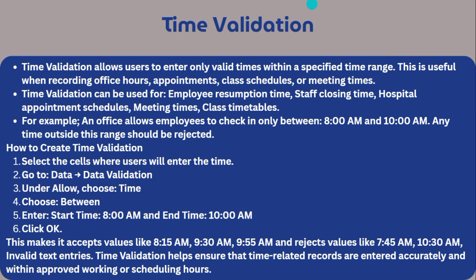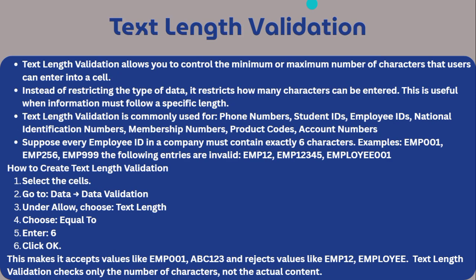Text length validation. This one allows you to control the minimum and maximum number of characters that users can enter into a cell. So if you have a cell, I can create it in such a way that the text length validation will be 4 to 6.